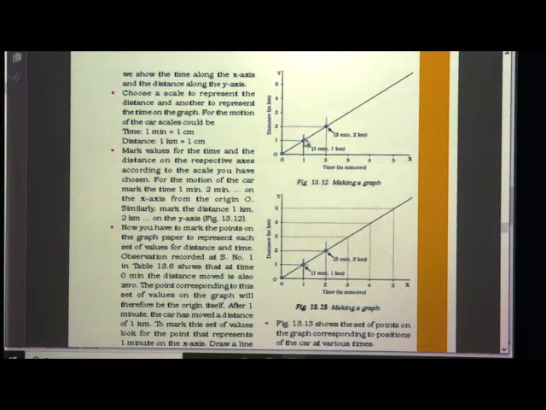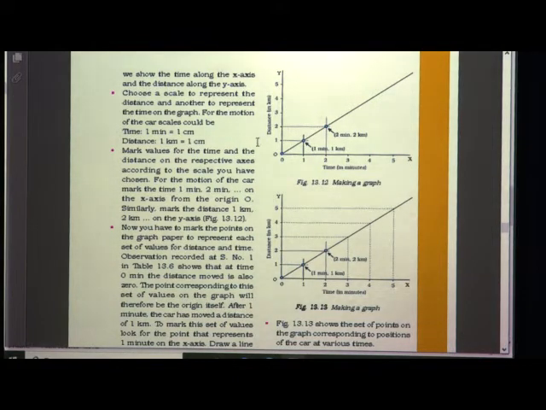Here it is given how we have drawn the lines. Suppose the vehicle covers 1 kilometer in 1 minute. We draw a straight line at the 1 minute mark, and horizontally at 1 centimeter we draw a line for 1 kilometer.